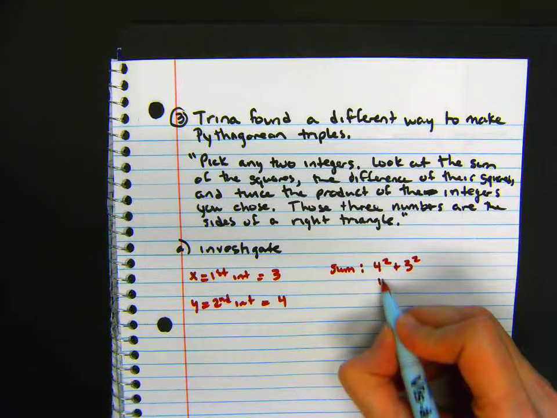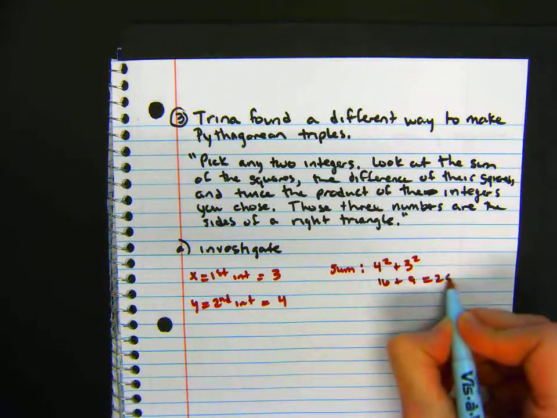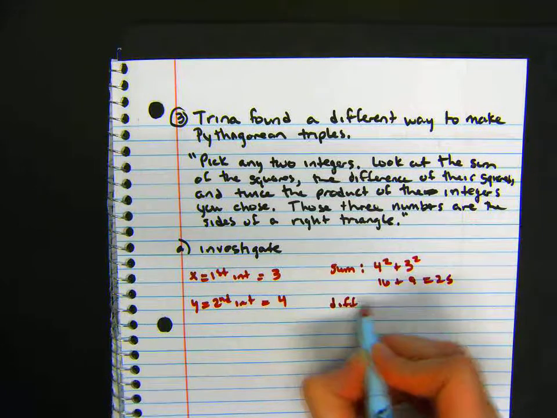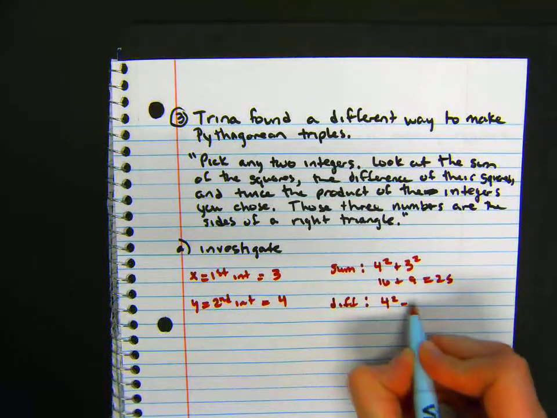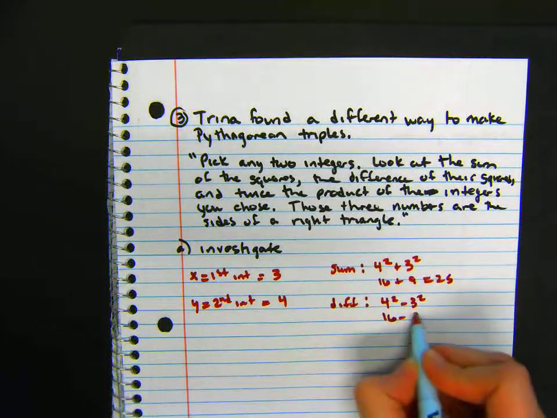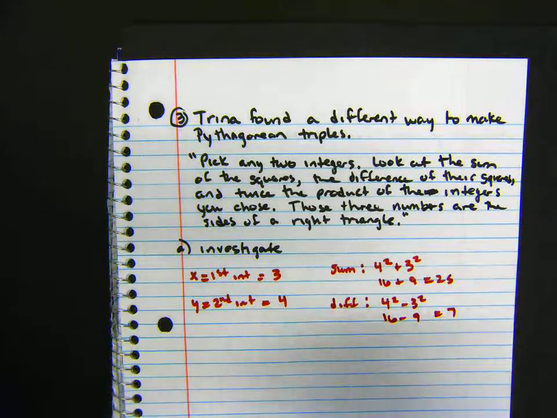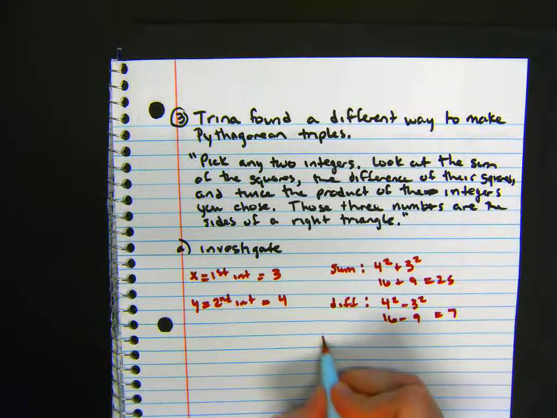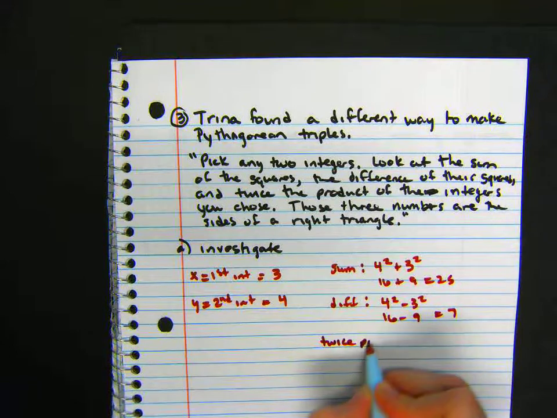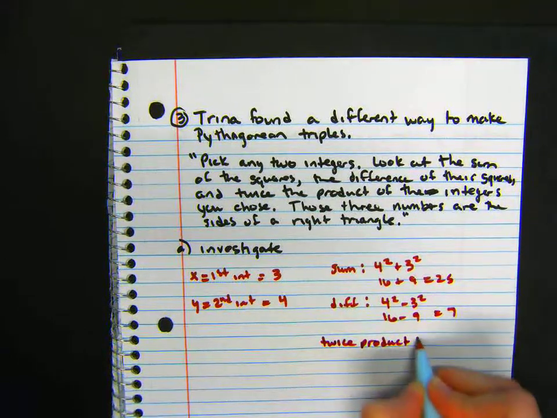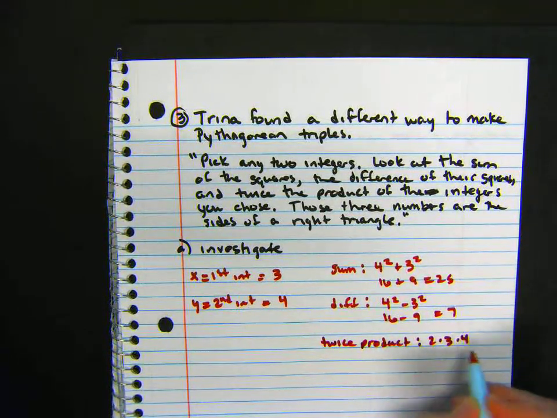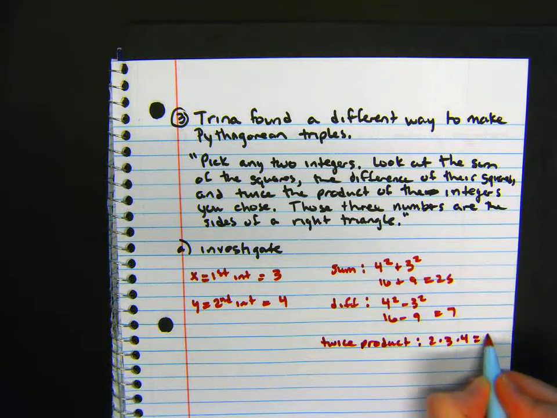That's 16 plus 9. That's 25. The difference of their squares is 4 squared minus 3 squared. That's 16 minus 9. That's 7. And twice the product is 2 times 3 times 4, and that's 24.